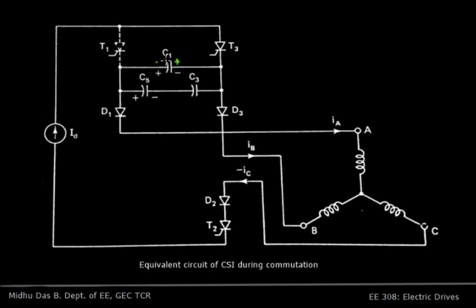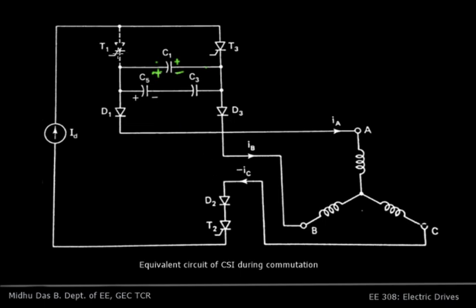After this capacitor gets charged, it will block the current flow through D1 and the thyristor T3 will start its conduction through T3 and D3. So the value of the commutation period will be determined by the value of this capacitor. But note that once T3 is turned on, T1 will instantly turn off because this negative voltage will get applied across T1 instantaneously.